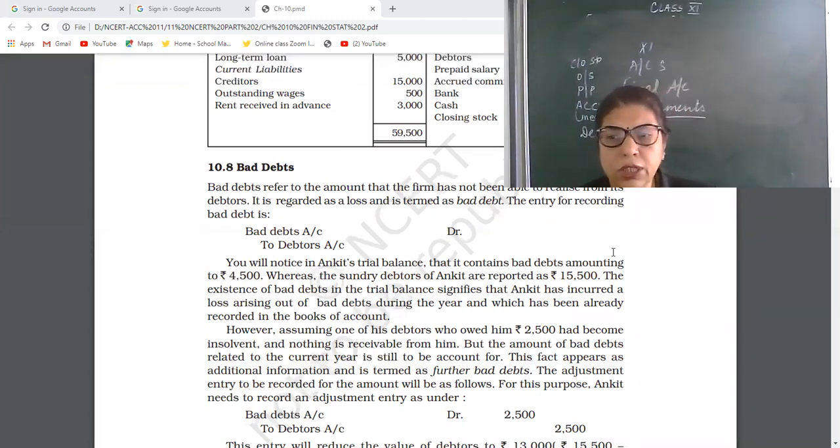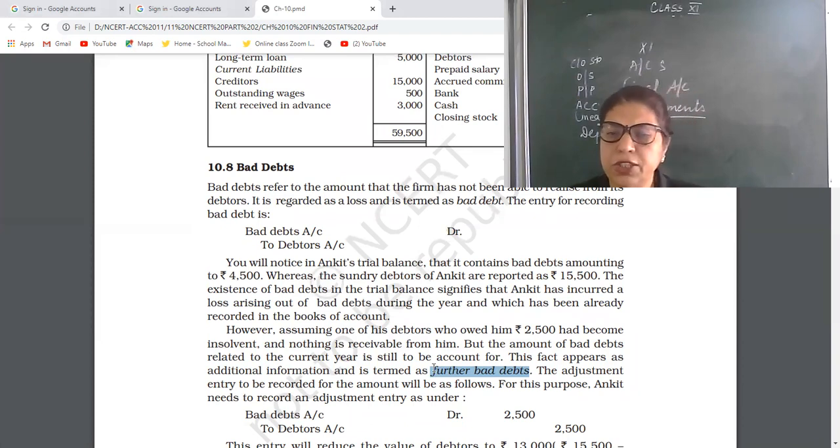In accounts terminology, we already gave you the meaning of bad debts. But what happens if bad debts is given in the adjustment? Then it will be termed as further bad debts, or we can say new bad debts after adjustment.